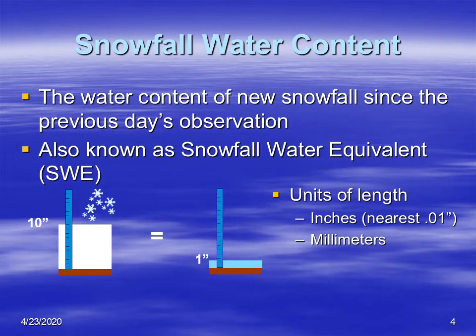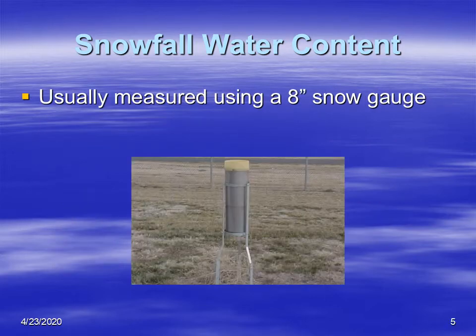You'll see SWE. In the United States, we use inches and we measure the resolution to the nearest 1/100th of an inch of water. Snowfall water content can be measured, at least at the National Weather Service, by the 8-inch standard snow gauge. How is that different than the 8-inch standard rain gauge?